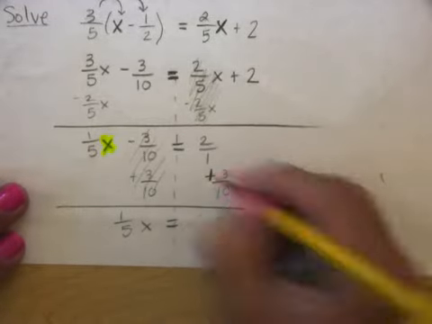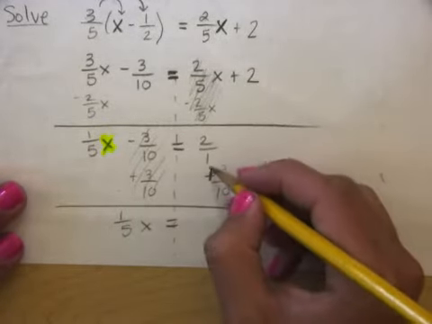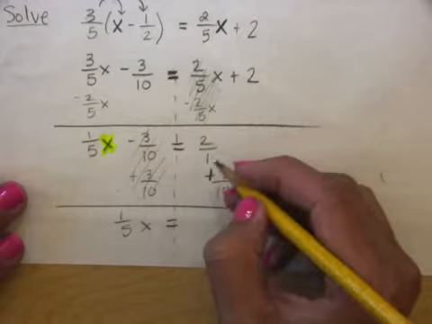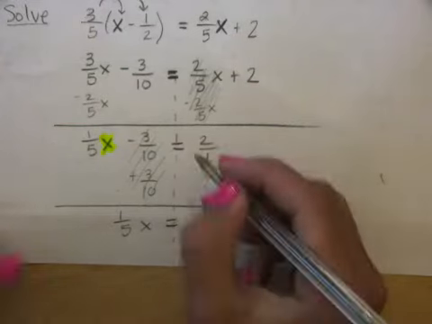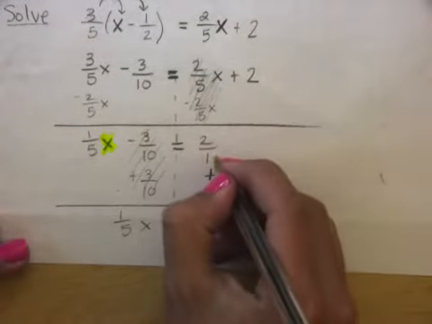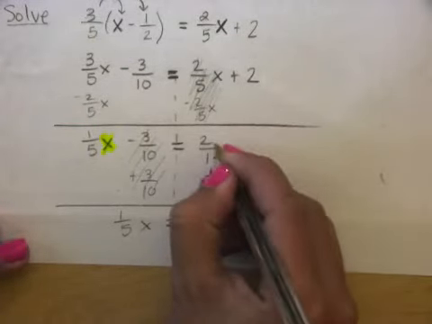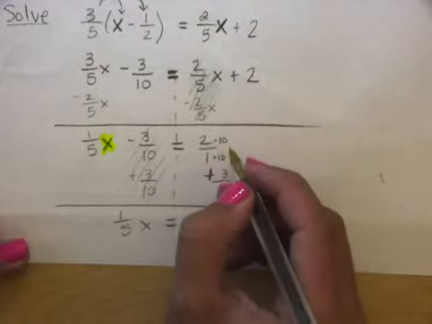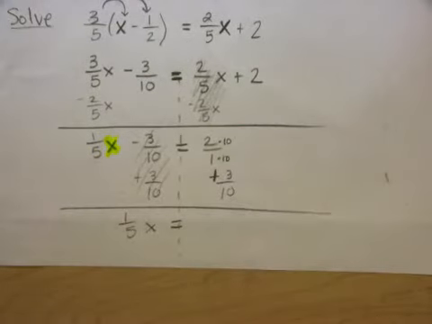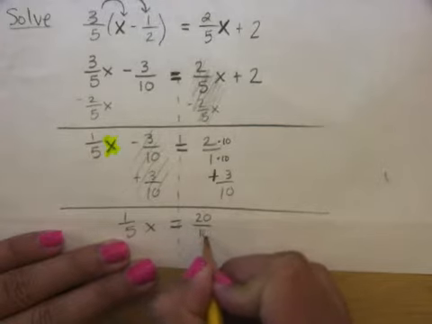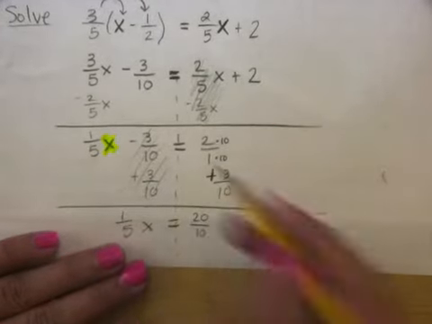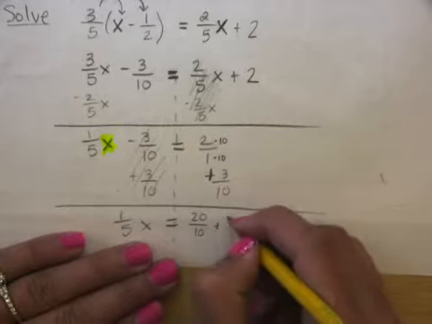So I know that with adding with fractions, I have to get a common denominator. So since this is a 10 and this is a 1, I'm going to have to get that 2/1 to be over 10. So I have to multiply the bottom of this fraction by 10 so that it's going to change to 20/10. But do you guys agree 20 divided by 10 is still 2? Didn't change its value.